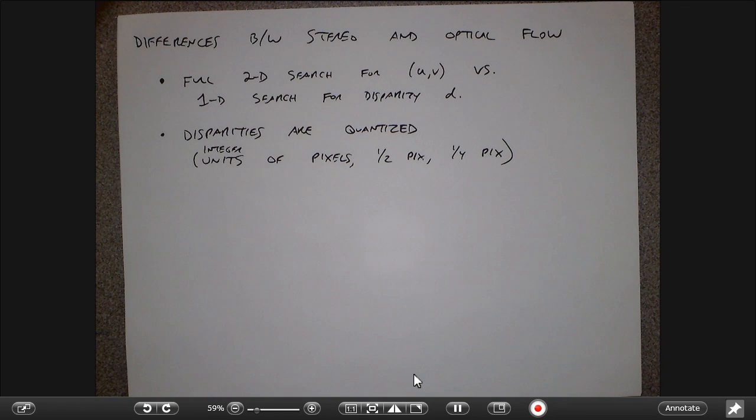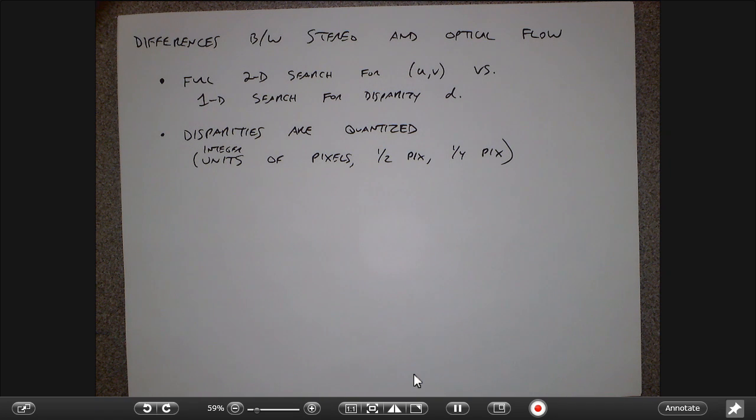We're going to say it's either 3 pixels, 3.5 pixels, 3 3/4 pixels, something like that. That means that all the things that we're solving for are discrete solutions for disparities. And the fact that we can now apply things like belief propagation or graph cuts to those kinds of discrete optimization problems makes the solutions a lot easier to come by.